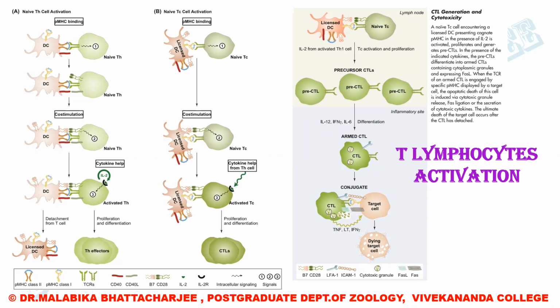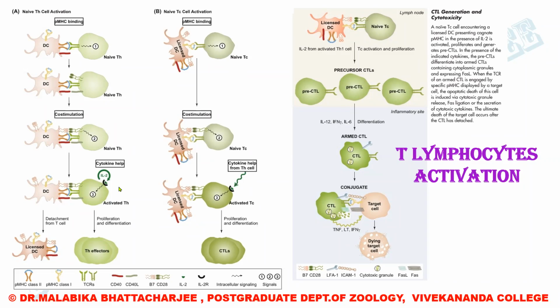The activated T helper cell proliferates and generates daughter cells that differentiate into T helper effector cells. So we get a highly expressed, activated, licensed dendritic cell, and the license of this dendritic cell has been done with respect to this antigen.